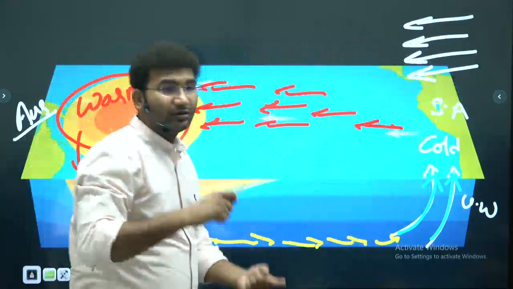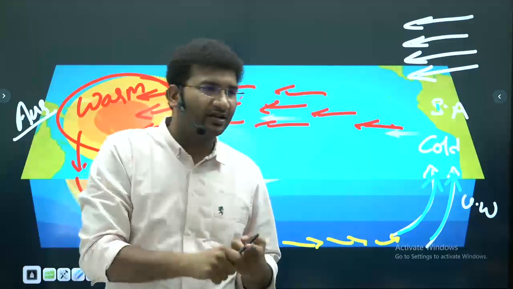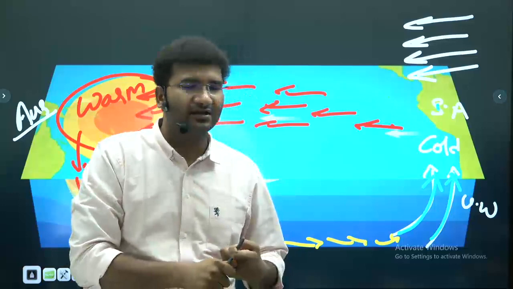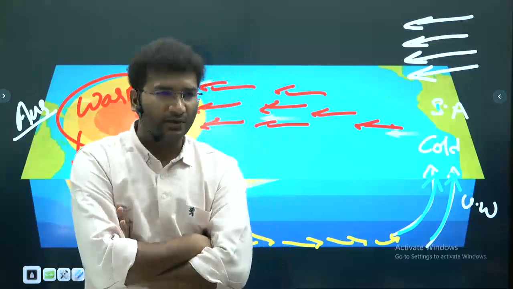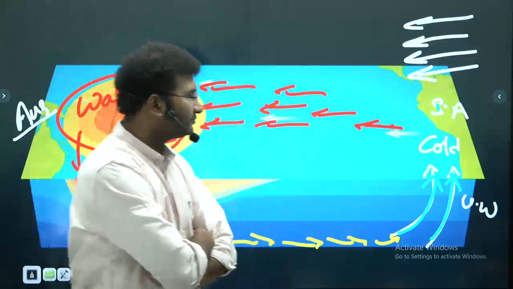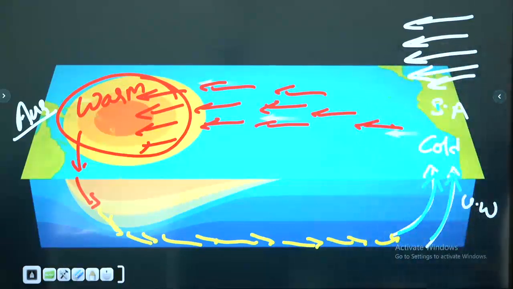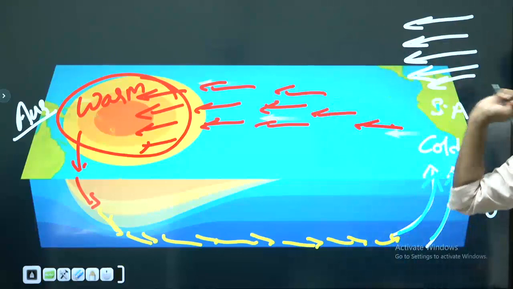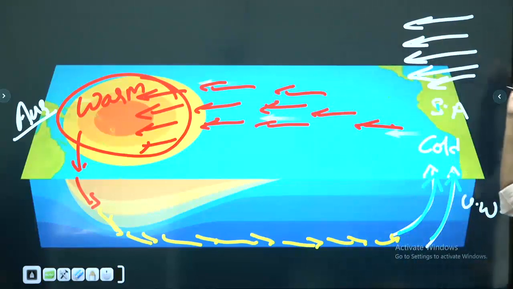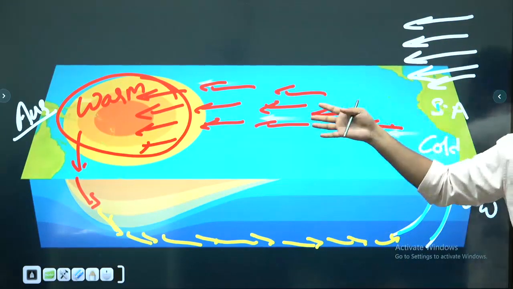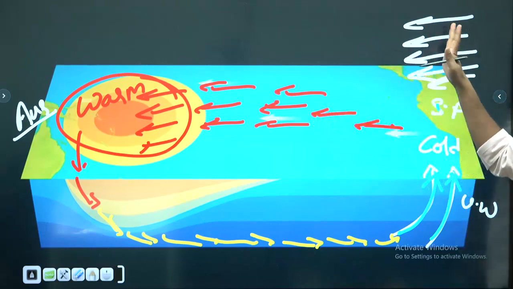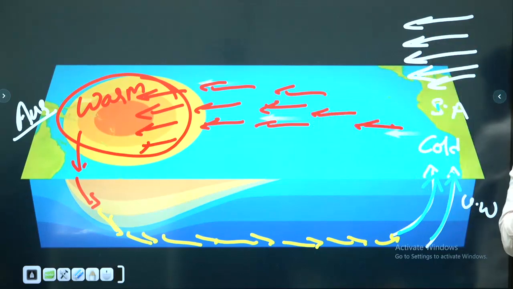First thing, global atmospheric circulation disturbances have taken place. Now this happens once in every 7 to 8 years. Because of that, here you will come across the movement of the winds, right? Now these movement of the winds will also move. If the speed of these winds is lowered, will you have upwelling?